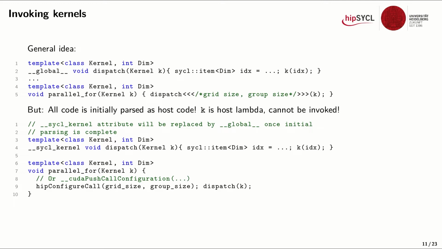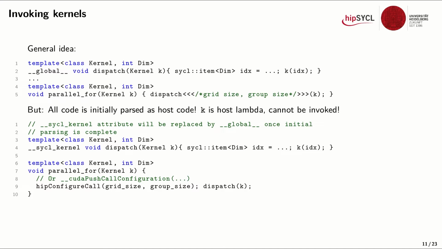You have a templated dispatch function that's a regular CUDA or hip kernel with the global attribute, and that accepts the kernel as argument. And then this dispatch function would just create, for example, a SYCL item based on the hip thread indices, and then just invoke the user-provided kernel using this item.